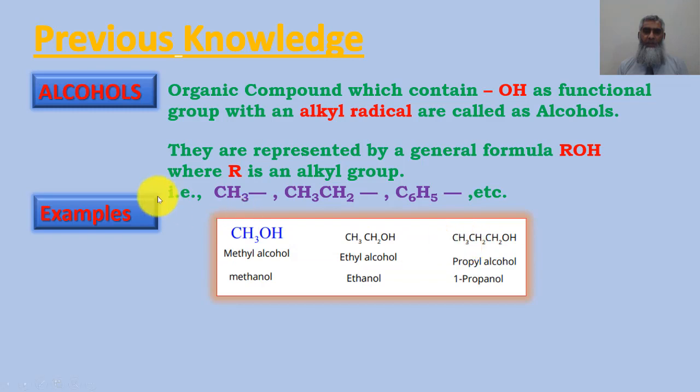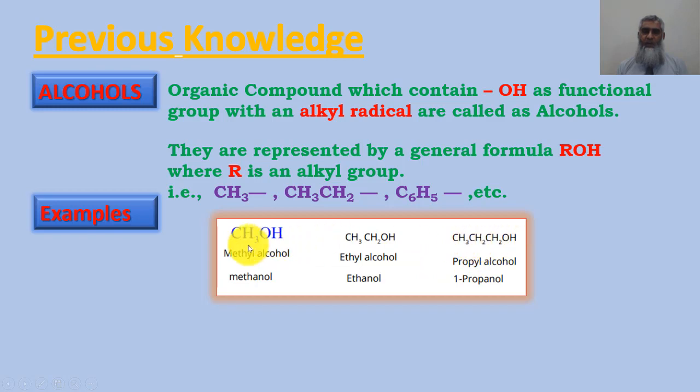Methyl alcohol or methanol, CH3OH, where CH3 group is methyl group and OH group is functional group, which will be accompanied with alkyl group. Ethyl alcohol, also known as ethanol, which contain ethyl group with OH functional group. Propyl alcohol, CH3CH2CH2OH.